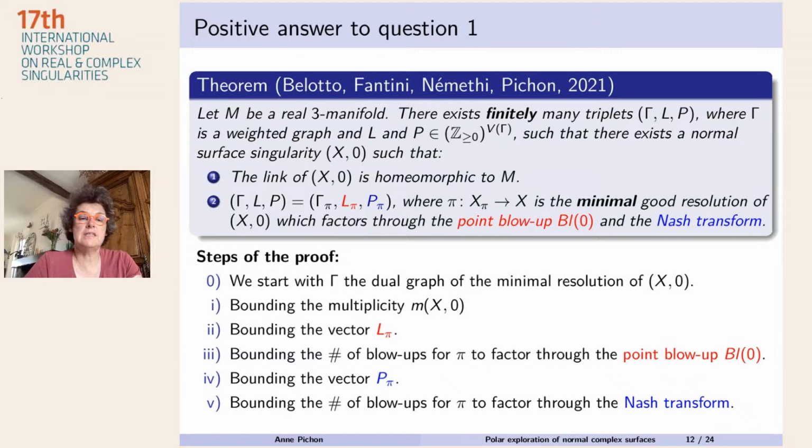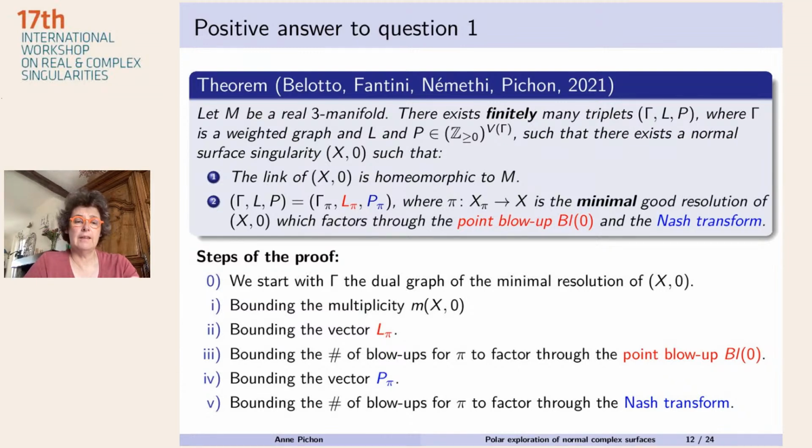The first step consists in bounding the multiplicity of X. Once you have this, you are able to bound the vector L pi. Then, once you have this, you are able to bound the number of blow-ups for pi to factor through the point blow-up, okay? As I did previously for the Briançon-Speder family.